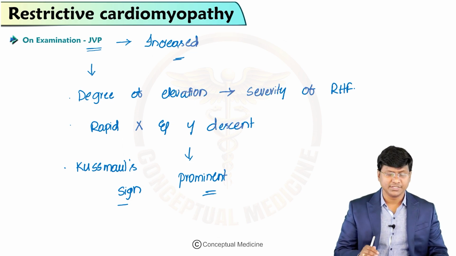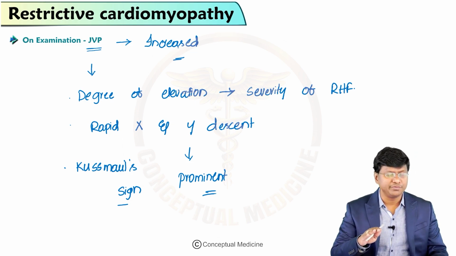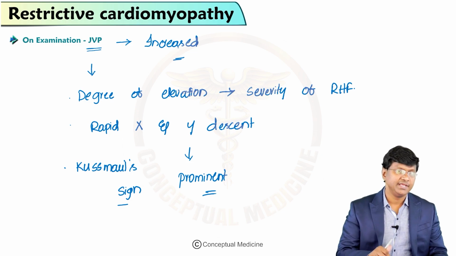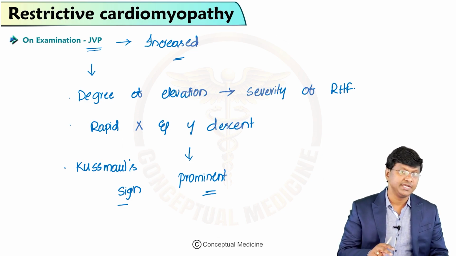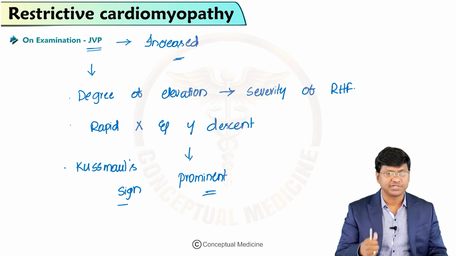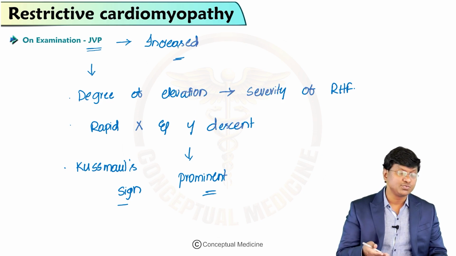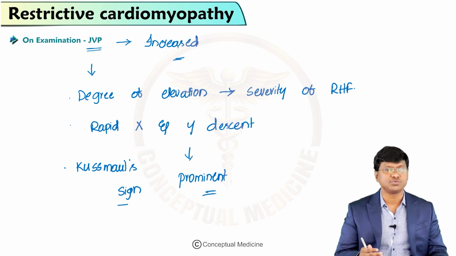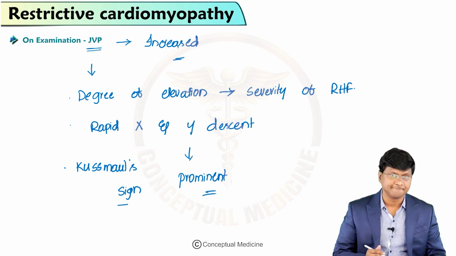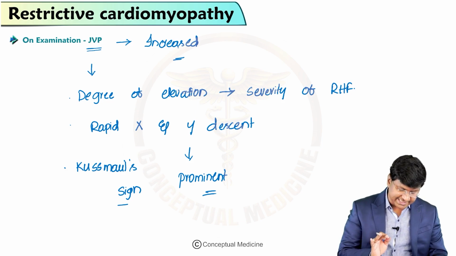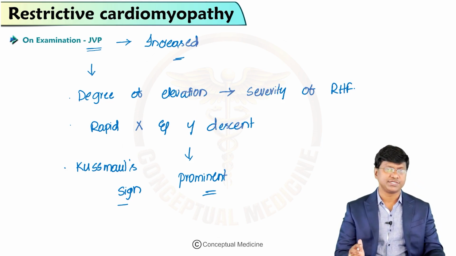In a normal individual, on inspiration, the jugular venous volume decreases. But in restrictive cardiomyopathy, in constrictive pericarditis, in tricuspid regurgitation, in tricuspid stenosis, and in right heart failure, the jugular venous volume increases on inspiration, and that is what is called the Kussmaul sign. So Kussmaul sign is a characteristic feature in patients with restrictive cardiomyopathy.